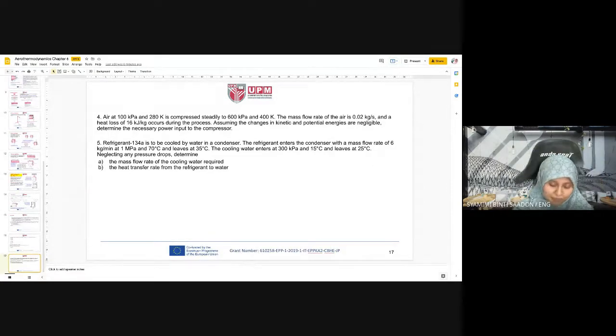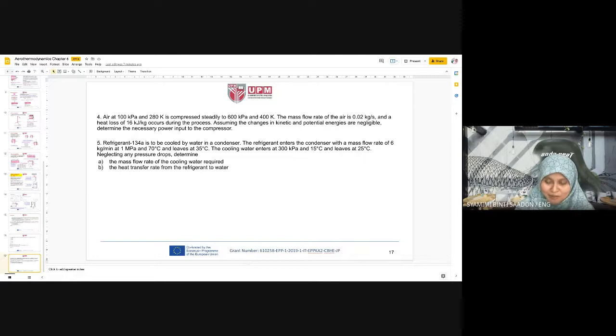Okay, what you have to understand first: condenser, evaporator, boiler, what else? Preheater, regenerator, reheater. Okay, those are what we call heat exchangers. So when we mention a device named heat exchanger, you can Google it.